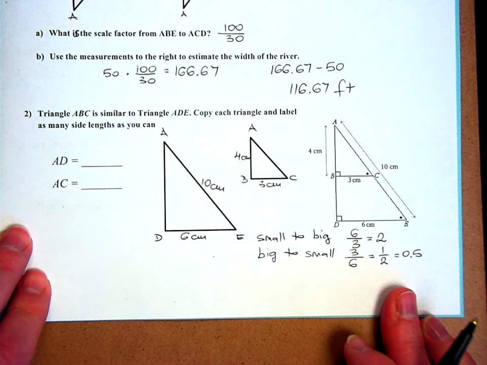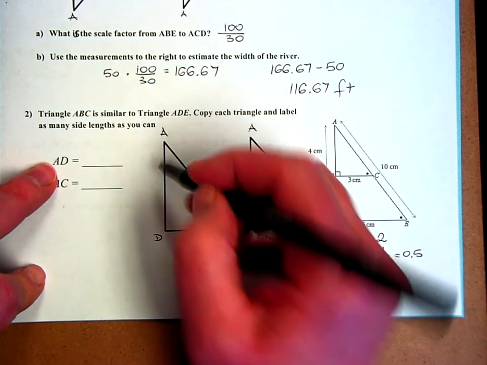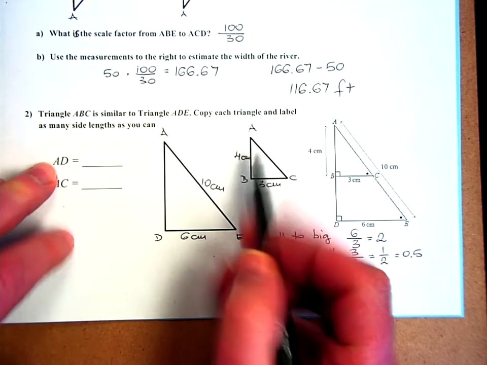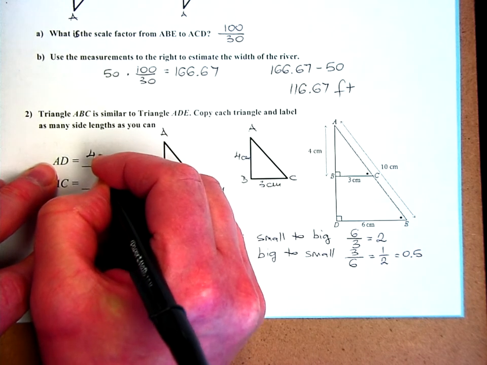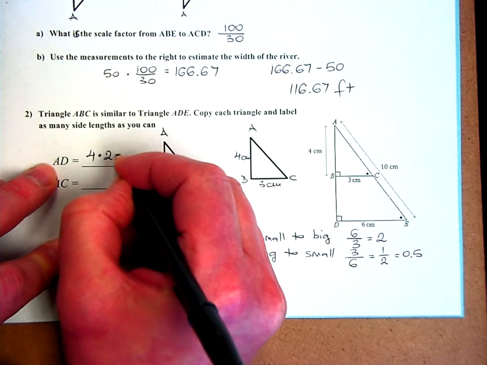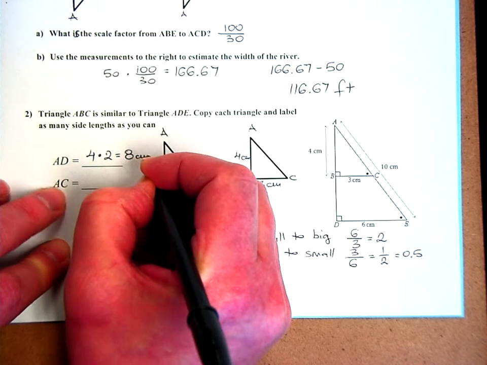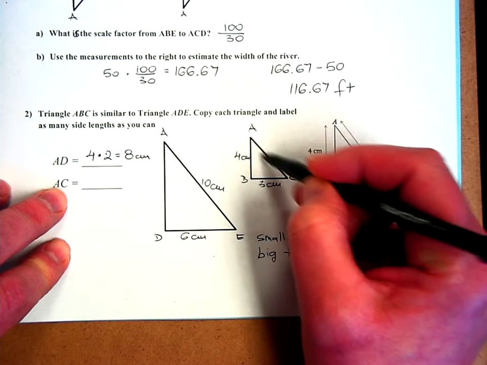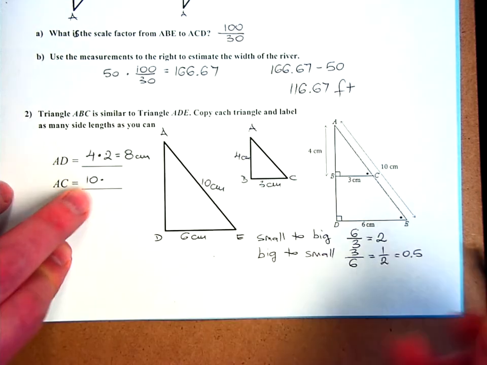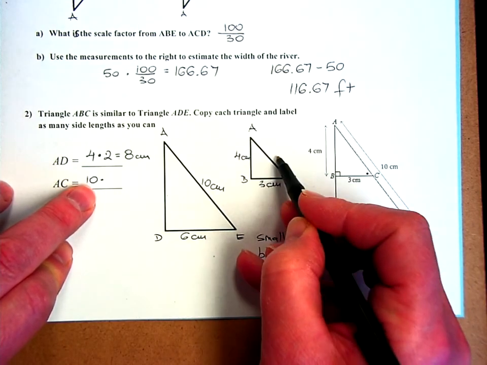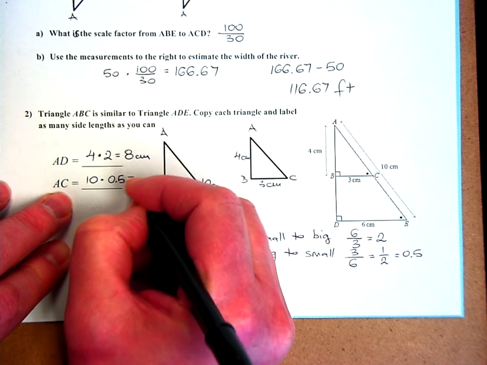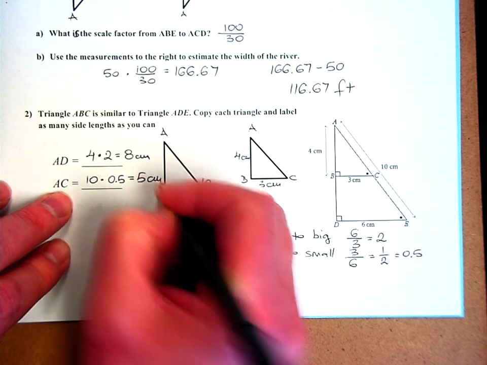Now when we have the scale factors, to find side AD, I need to use the corresponding side to it, which is 4, and multiply by the scale factor to enlarge it by 2, which will give me 8 centimeters. And then to find AC, I need to use the corresponding side, which is 10, and multiply by the scale factor to shrink it, which is 1/2 or 0.5, which will give me 5 centimeters.